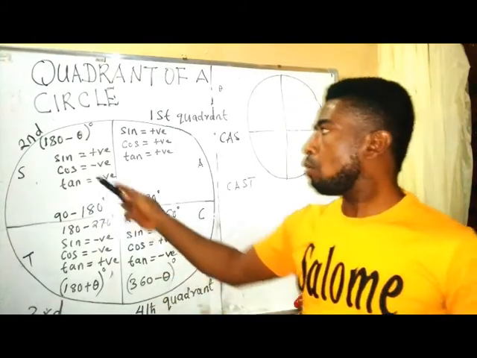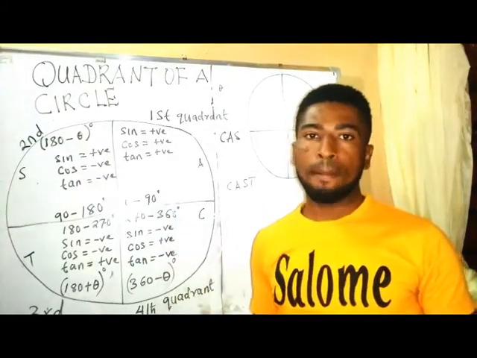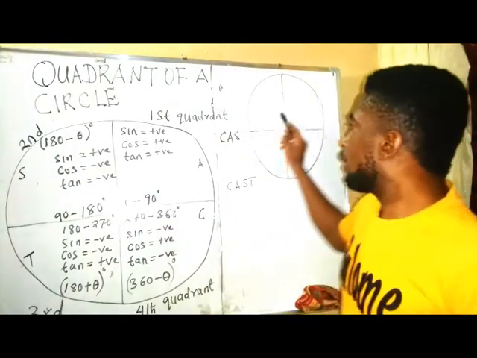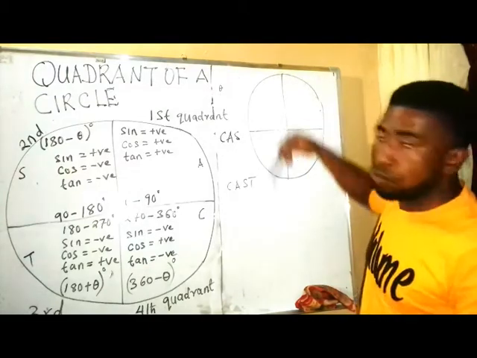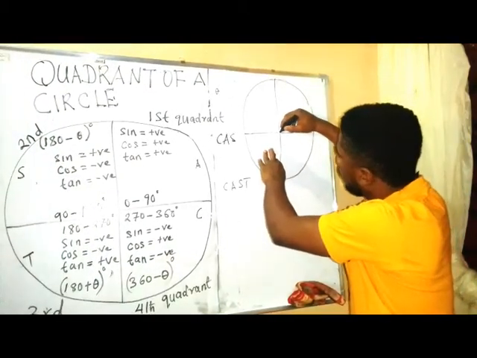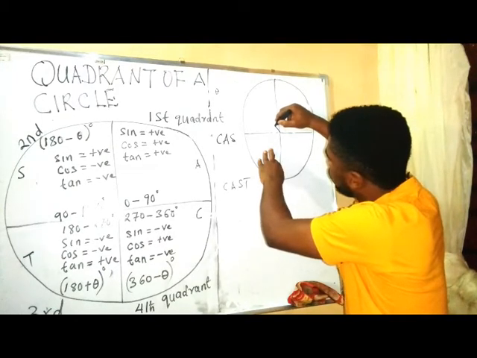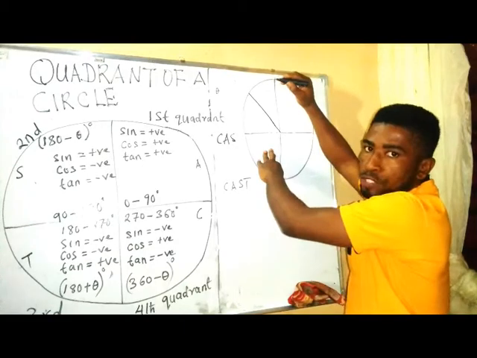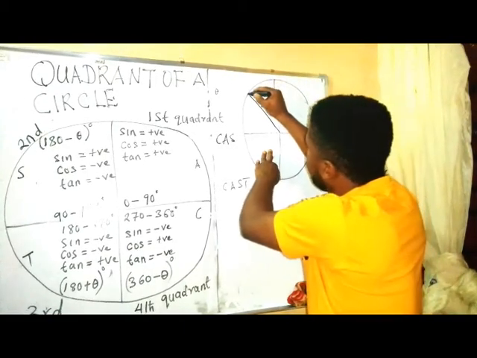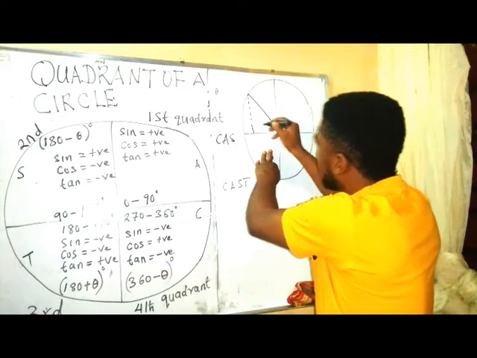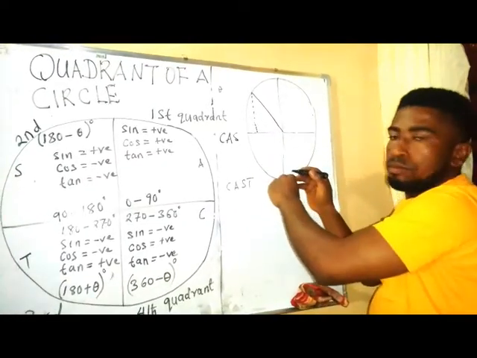Now let me tell you how I got 180 minus theta. If I consider the second quadrant here, if I consider this circle, then coming to the second quadrant, I draw a straight line that originates from 0 and then touches this what? Circumference. Now if I decide to extend this line, then I get something like this.